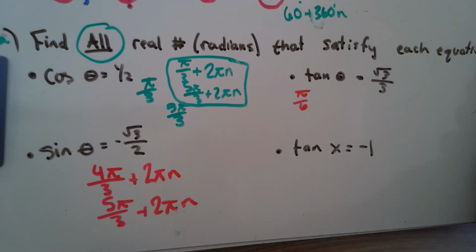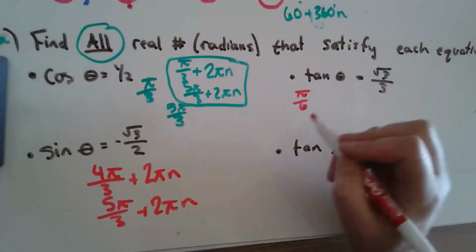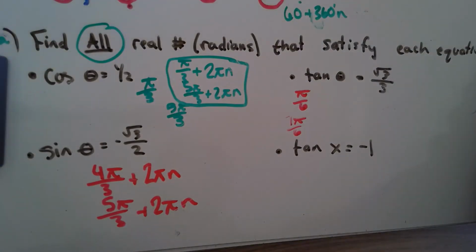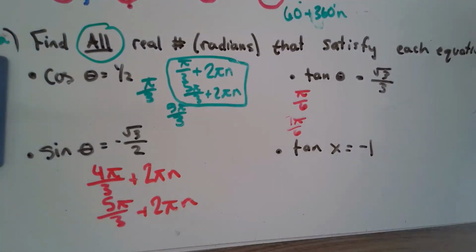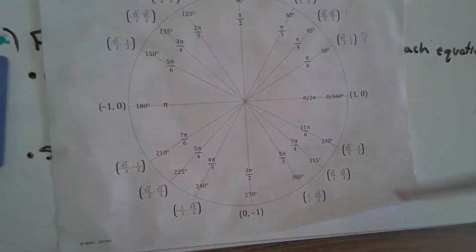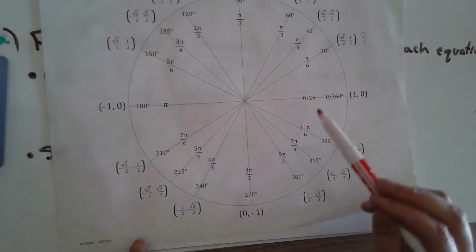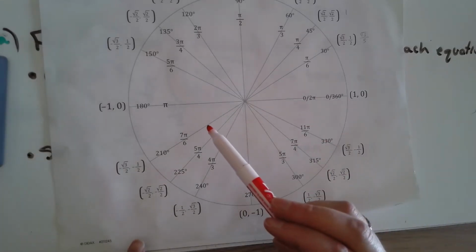That would be all students take. So in quadrant 3 it's going to be positive. And if we look at that, that is going to be 210 degrees, or 7 pi over 6. So those are my two angles, pi over 6 and 7 pi over 6. If you notice, pi over 6 and 7 pi over 6, it takes 180 degrees to land on those.